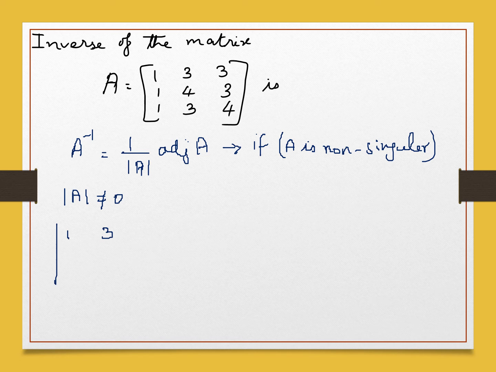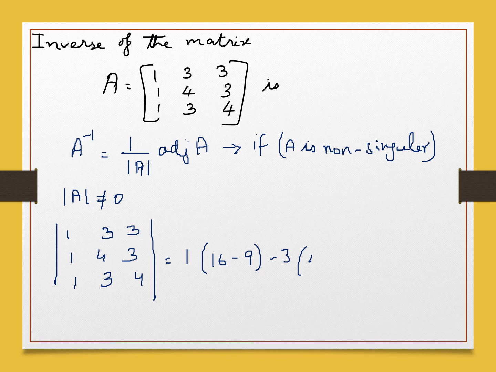Non-singular matrix means determinant of A should not be equal to 0. So first we have to determine the determinant of A. With 1, 3, 3, 1, 4, 3, 1, 3, 4, the determinant is 1 times (16 minus 9) minus 3 times (4 minus 3) plus 3 times (3 minus 4). 16 minus 9 is 7, 7 minus 3 minus 3 is 1.